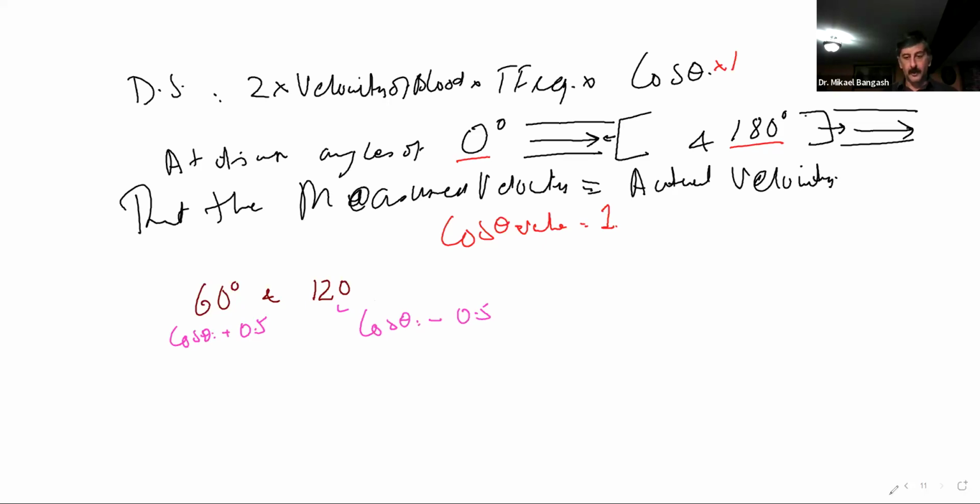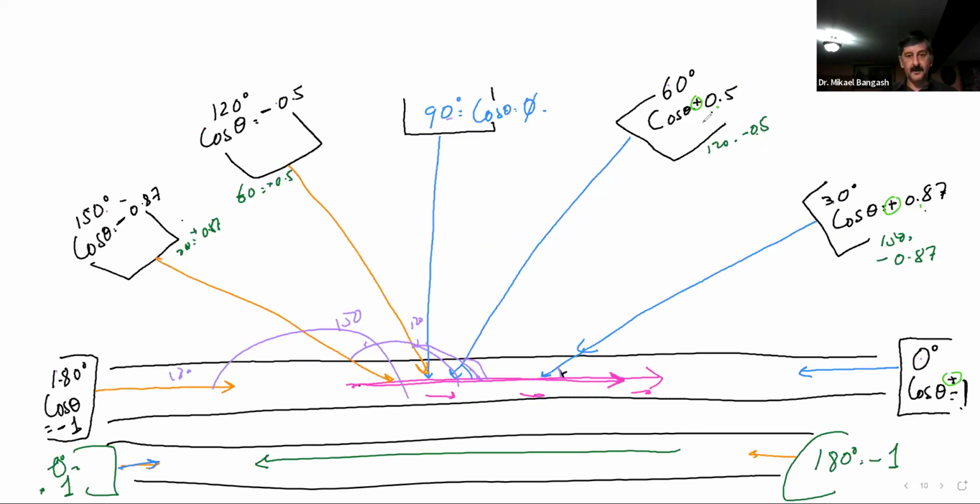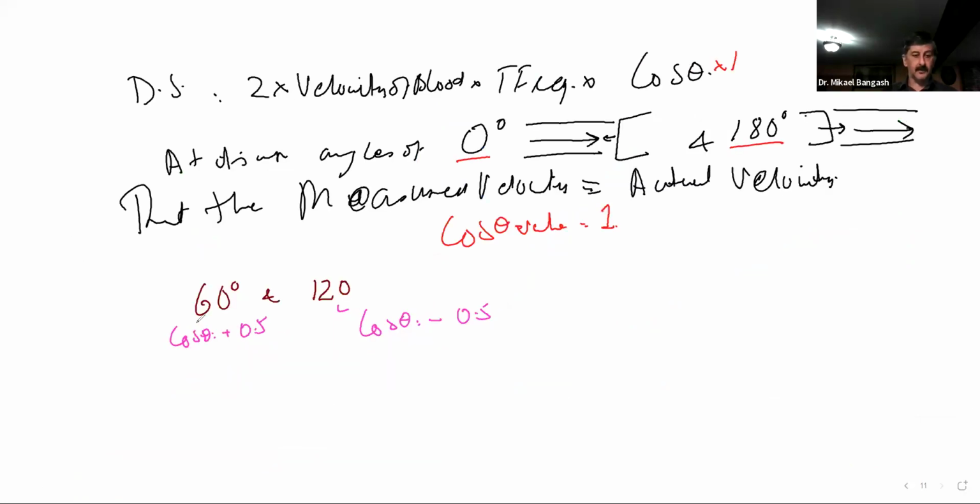Clear? So if you are measuring at an angle of 60 degrees or 120 degrees, the measured velocity is just going to be half the actual velocity.